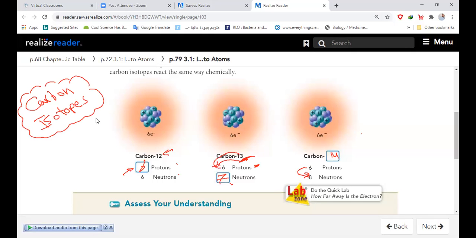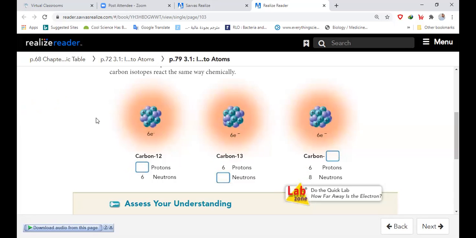Look, carbon-13 is 6 plus something. So 13 minus 6 equals 7. 7 plus 6 equals 13. So this number is the product of adding the protons to the neutrons.